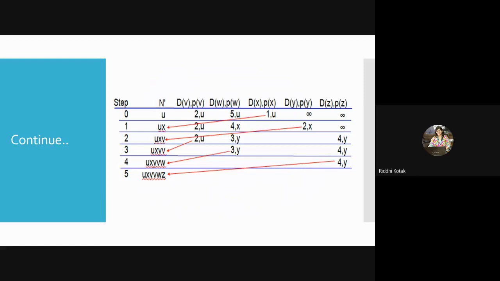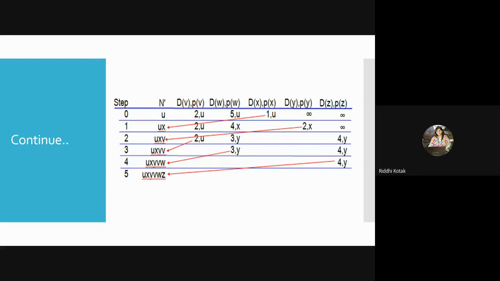Like this. In that, the minimum one is 2 comma U. So next your node will become V. Then again, if you explore it, we get two values, 3 comma Y and 4 comma Y. So the minimum one is 3 comma Y. So your next node will become W. So add that in the N desk.